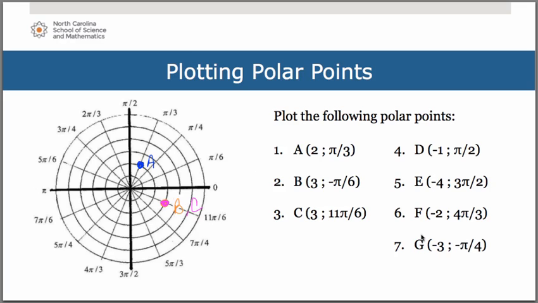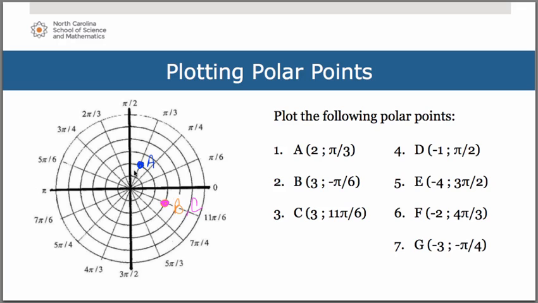Starting with point D, you're going to notice we now have negative r values. So let's talk a bit about how you handle that. Once again, we're still going to go to the angle first. So for point D, we're going to go to pi over 2, which is on the upper part of the vertical axis.